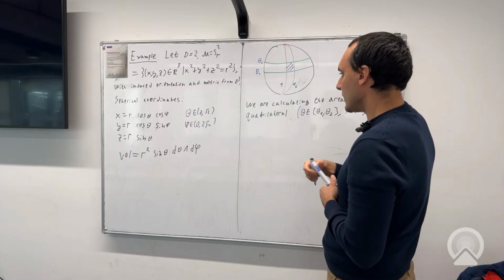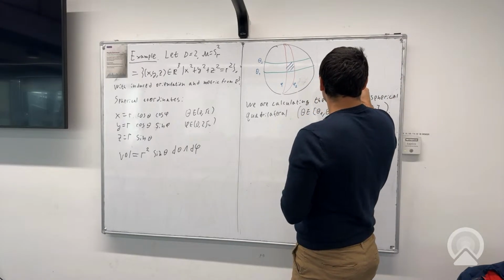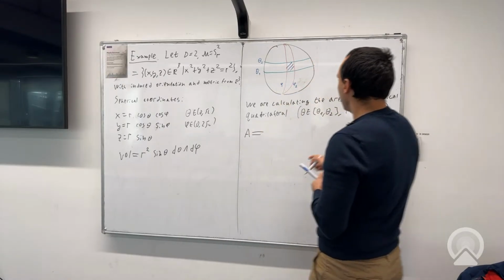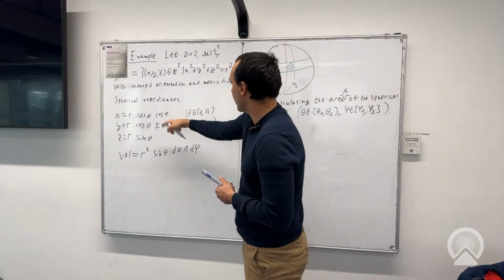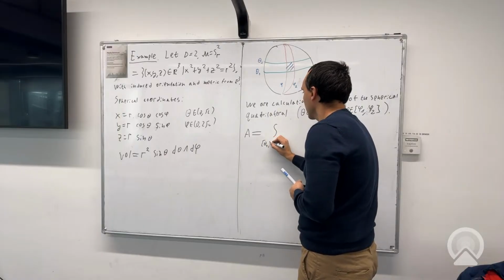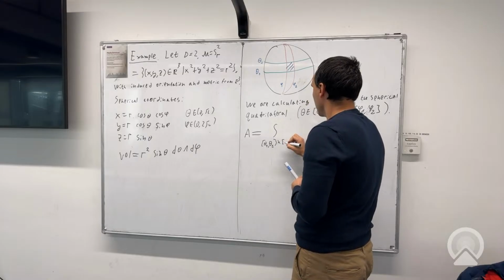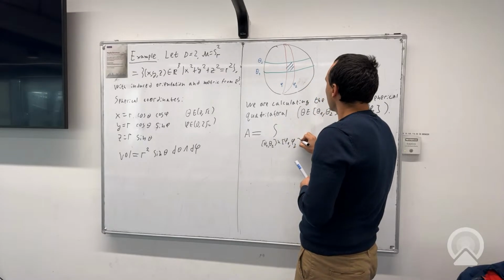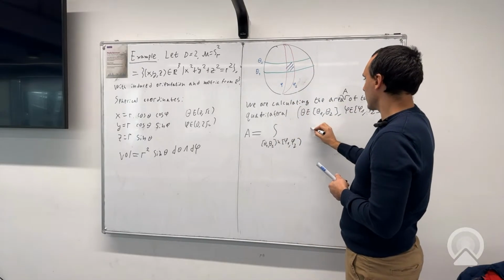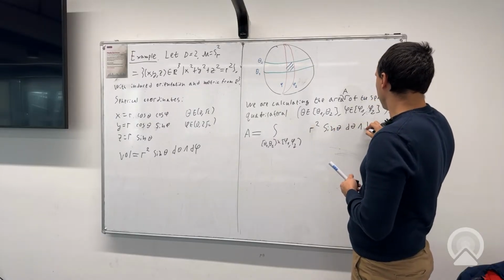Okay. So what do we have? So the area, call it A. So A is integral over M. So this will be in spherical coordinates. We have this integral from theta 1, theta 2 times phi 1, phi 2. So this is the parameterization of this small quadrilateral. And r squared sine theta d theta d phi.